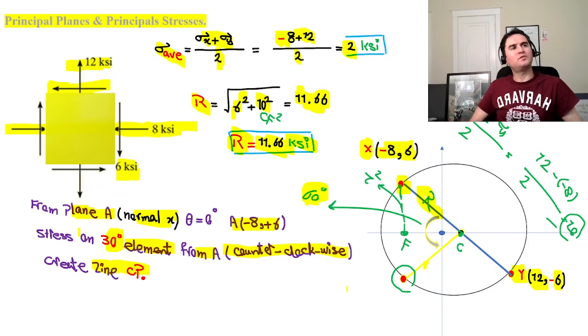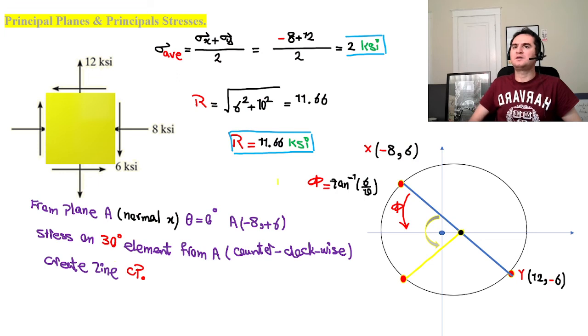And if we want to know what the stresses are on CP, we just need to go by geometry. Let's make it a bit clean. So the total angle is 60 degrees, twice 30 degrees in Mohr circle. And let's first calculate phi, which is the arctangent of 6 over 10, rise over run.